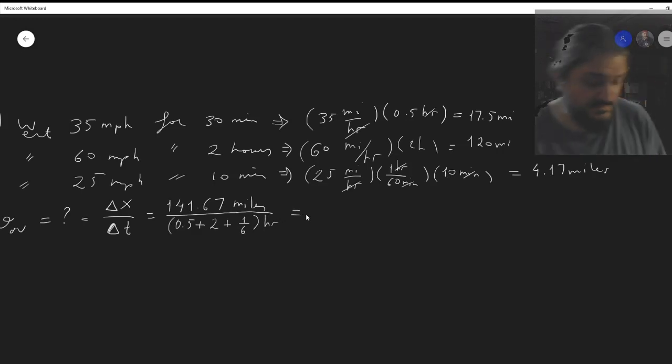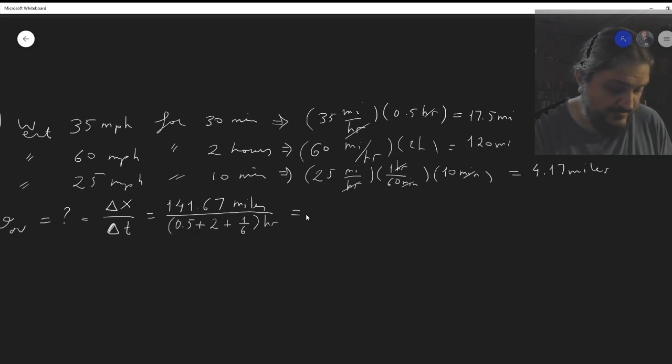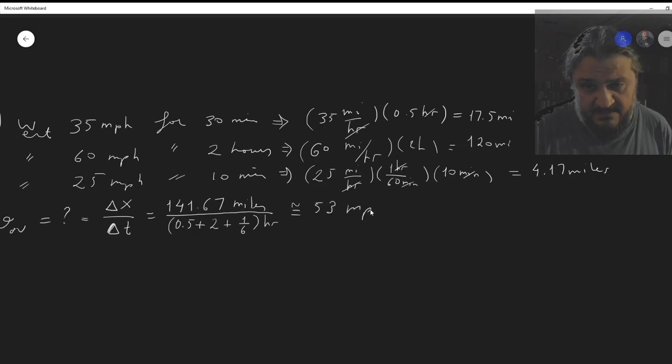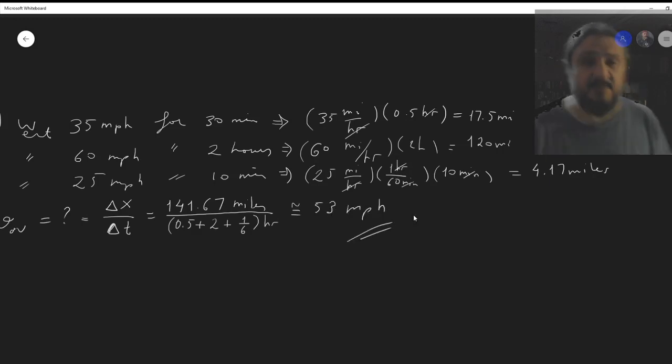Let's divide this number by 2.5 plus 1/6, and that gives me 53.13. Well, just 53, let's say 53 miles per hour.